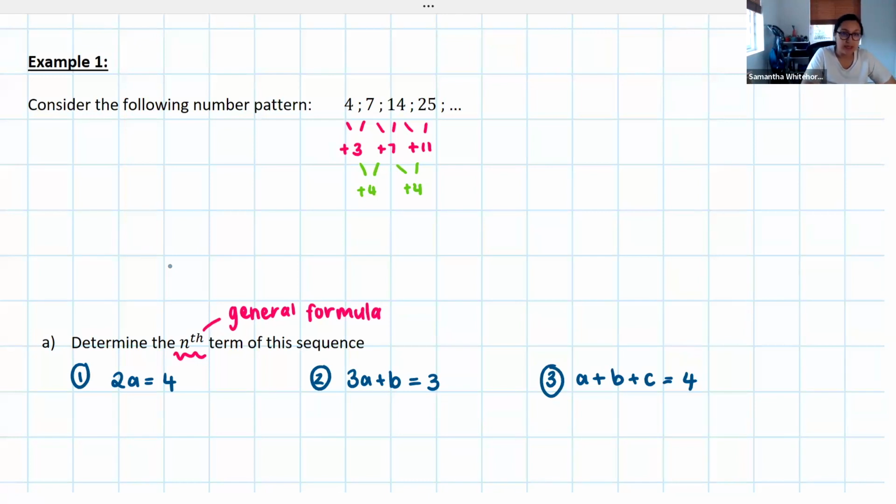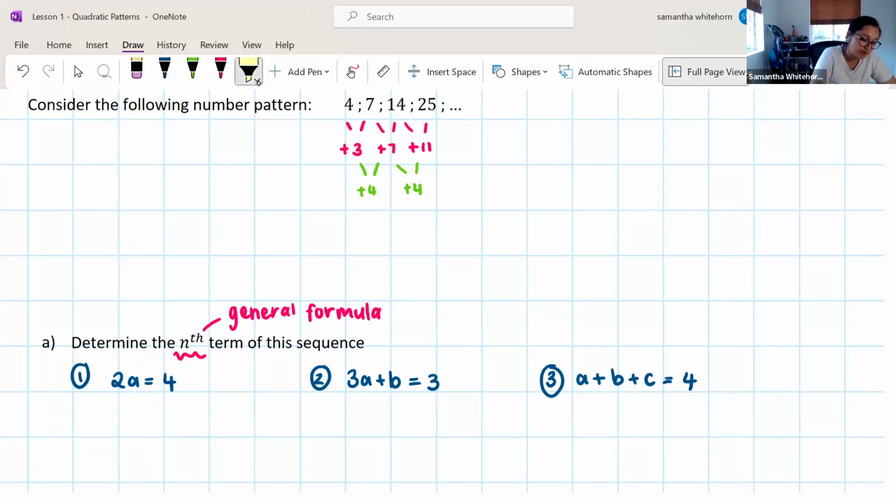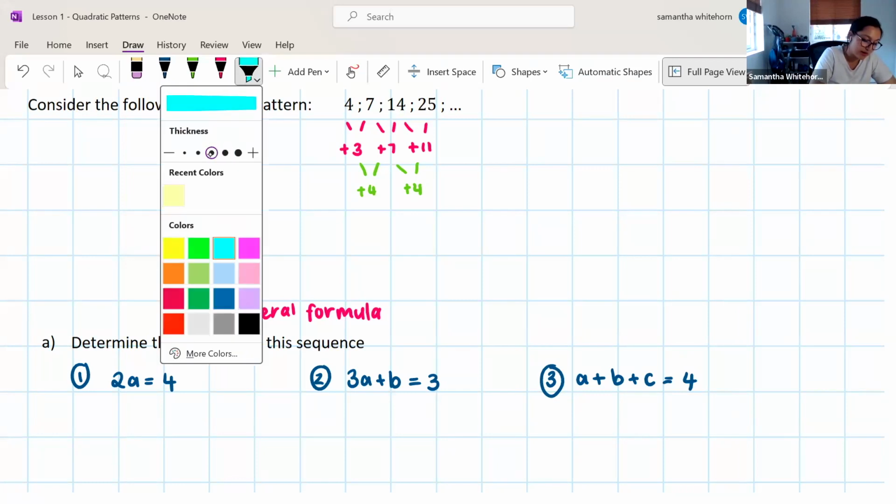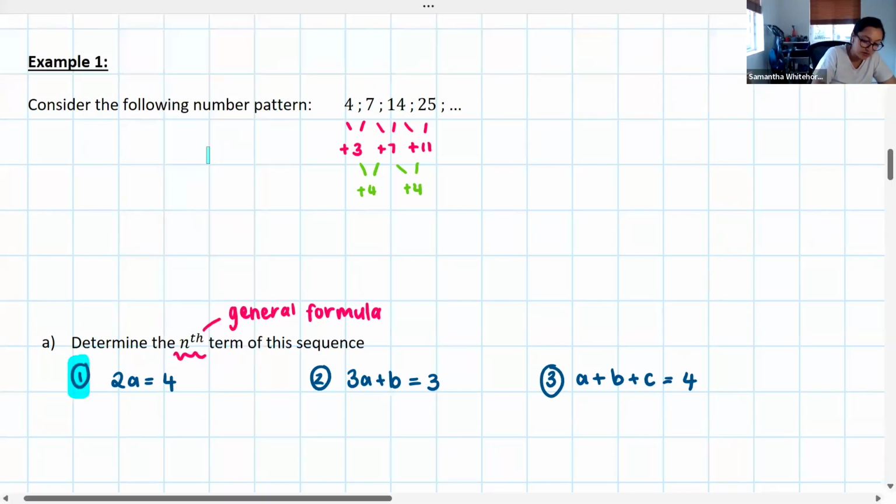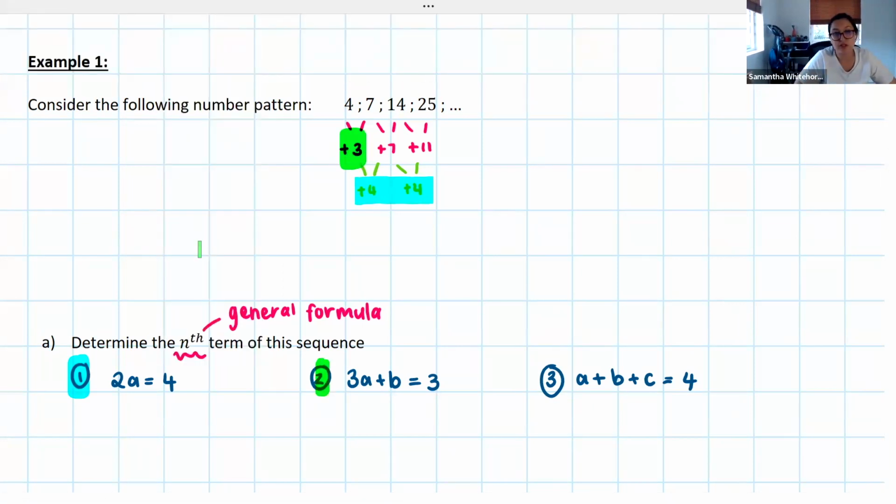So exactly as Ntwariso has said here, 2a is equal to our second difference. So if we just sort of match up what we're doing here, this very first equation is going to be equal to whatever my second difference is. The next equation, the 3a plus b, is going to be equal to whatever my first difference is, so the very first difference between term 2 and term 1.